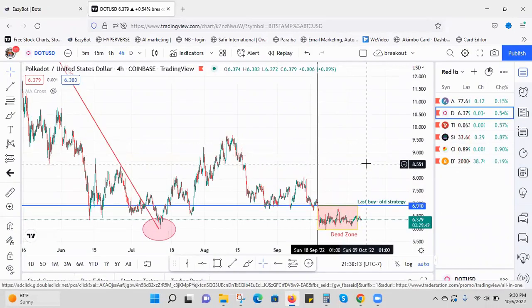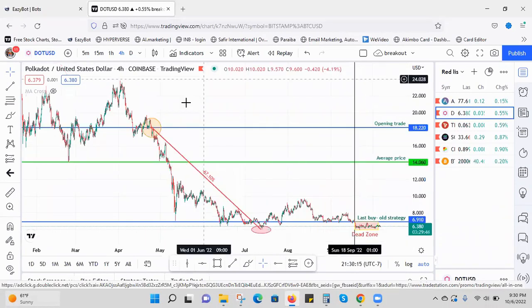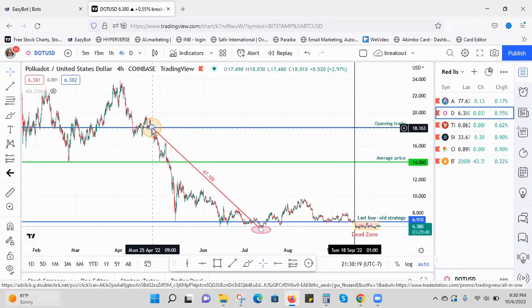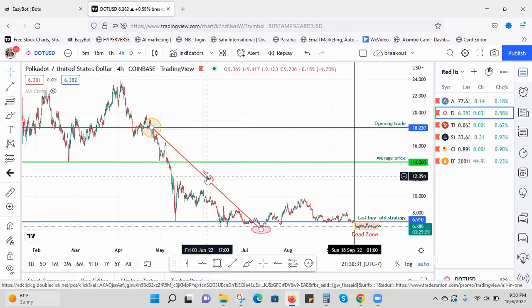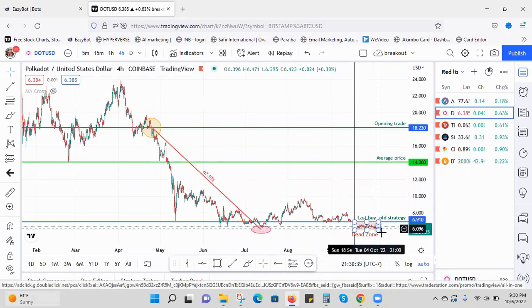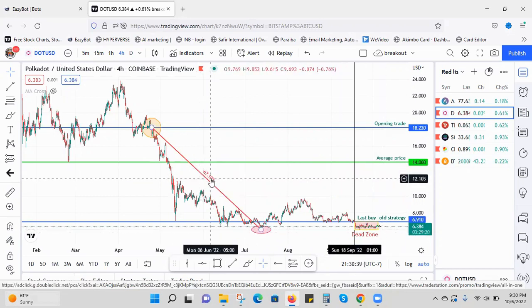So number one, guys, since this trading session was started for my wife, this will start back on the 22nd, or excuse me, 25th of April. And since that point, this coin has gone down 67%, just over 67%.